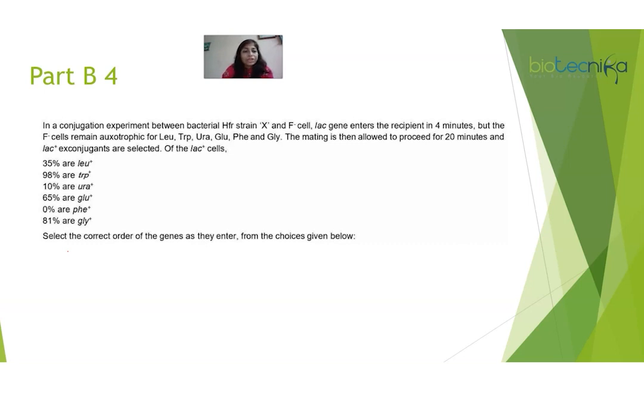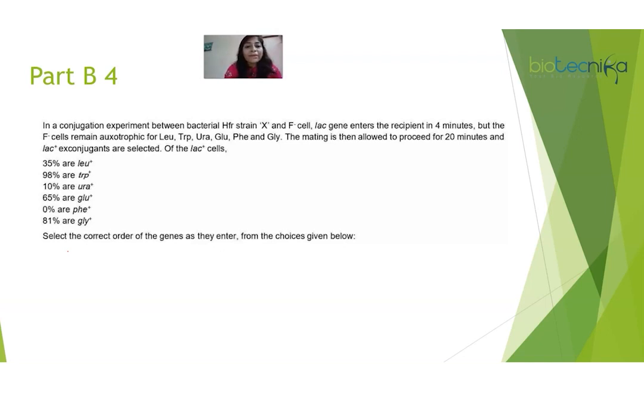Okay, so in a conjugation experiment between bacterial HFR strain X and F- cell, the lac gene enters the recipient in 4 minutes, but the F- cells remain auxotrophic for leucine, TRP, URA, GLU, PHE and gly. The mating is then allowed to proceed for 20 minutes and lac plus X conjugates are selected.